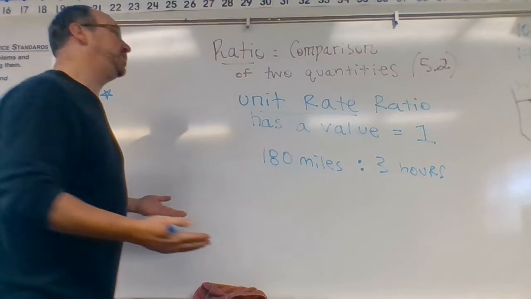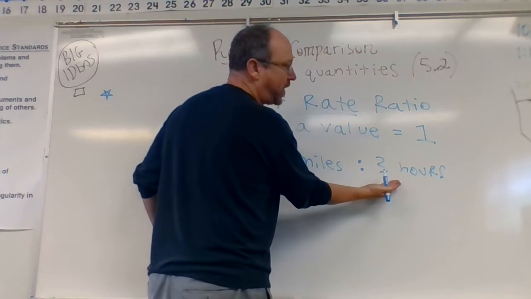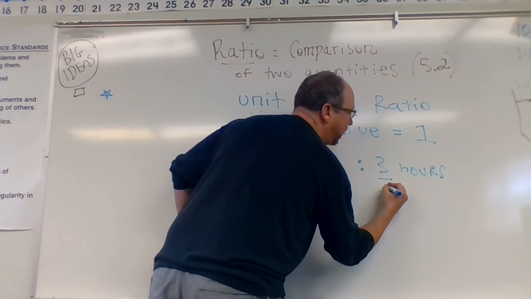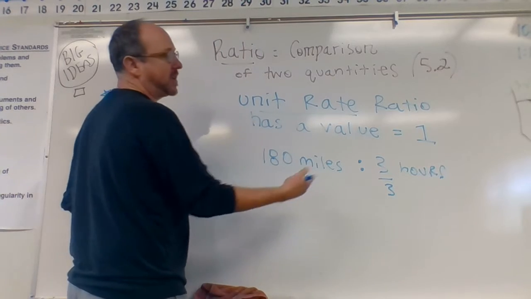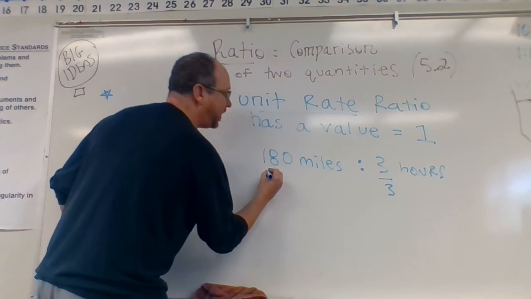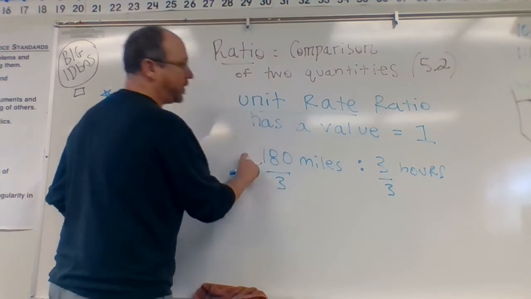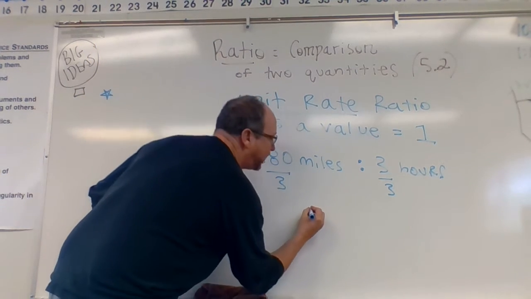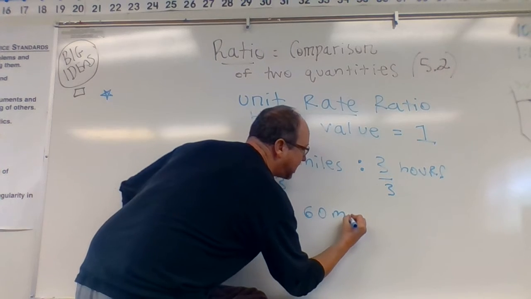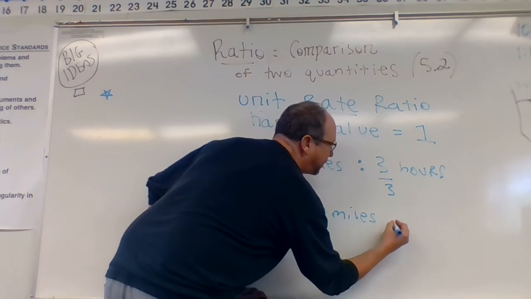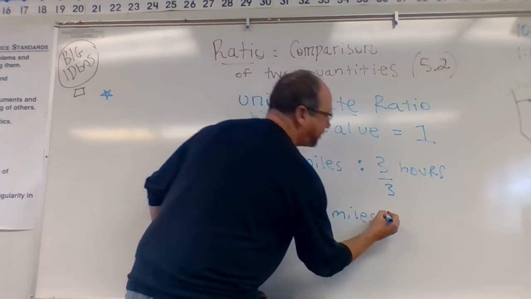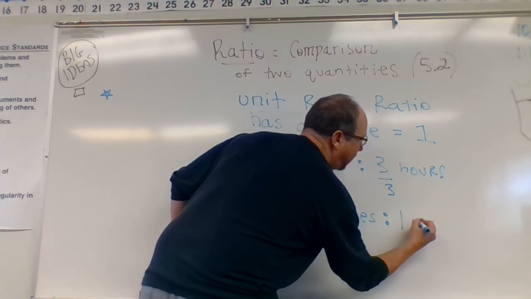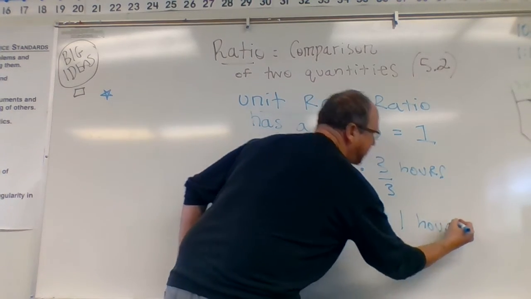So what we want to know here is how much per hour. 3 divided by what is going to give you the 1? 3 divided by 3. And then we're going to keep that scale factor here, 180 divided by 3. So we could say 60 miles per hour, for every 1 hour. This is a unit rate.